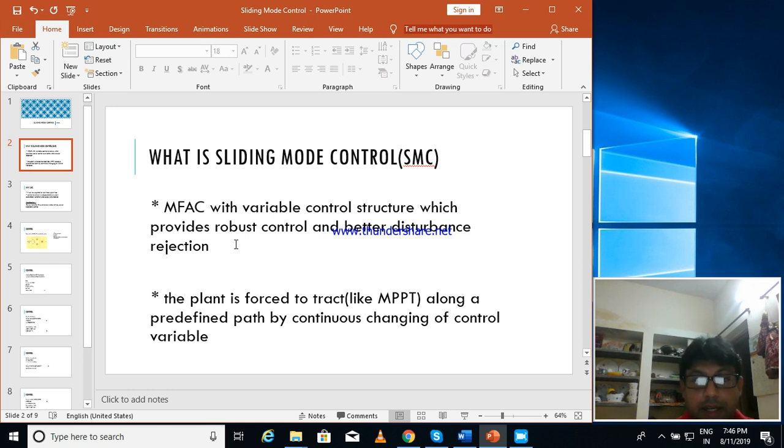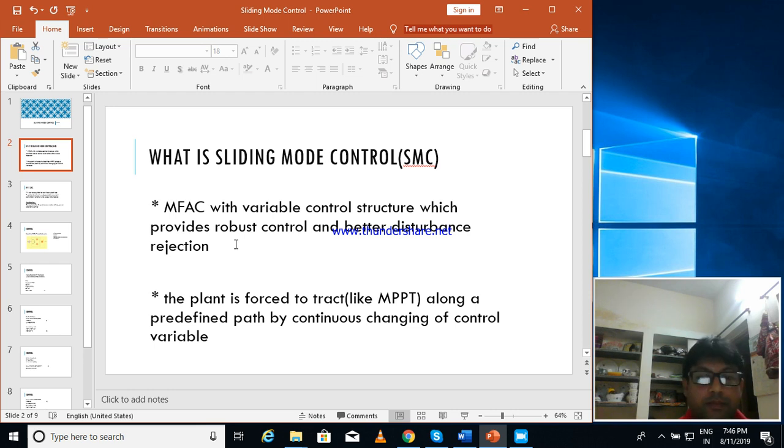At that time the design of the controller will be very difficult. So for that kind of application, sliding mode control is very suitable. In this control, basically the plant is forced to track or slide along a predefined path, that is the desired response I need to obtain.